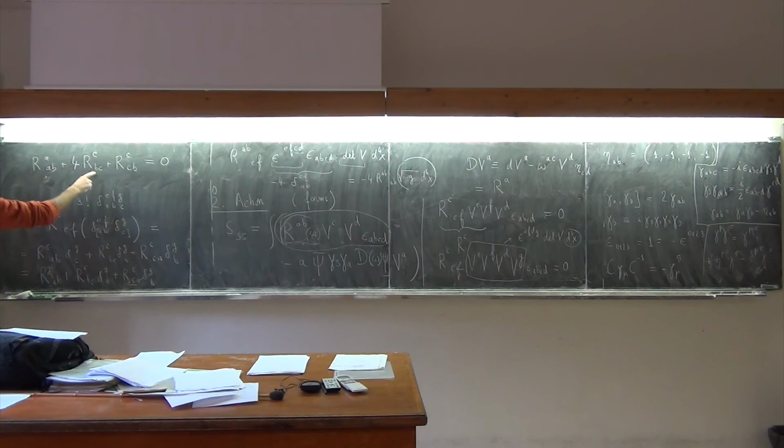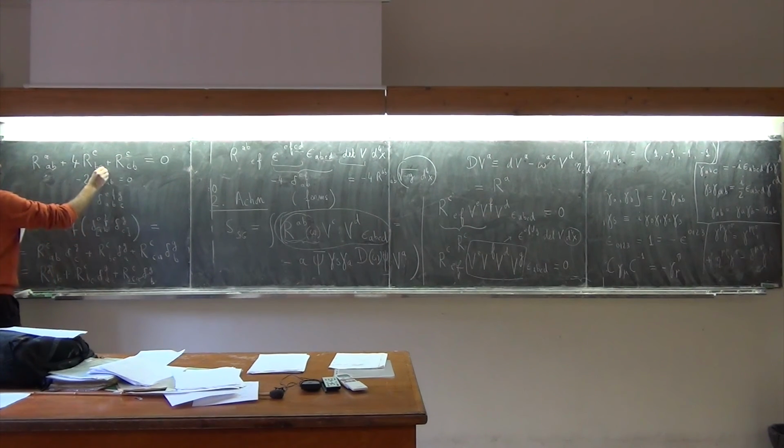But then you see here you have the same object that is summed, and the sum is not 0 because it gives you 1. It gives you 1 minus 4 because you have to convert this, plus 1. 1 plus 1 minus 4, it gives you minus 2 R A B equals 0. So you have that this object has to be 0. R A B has to be 0.